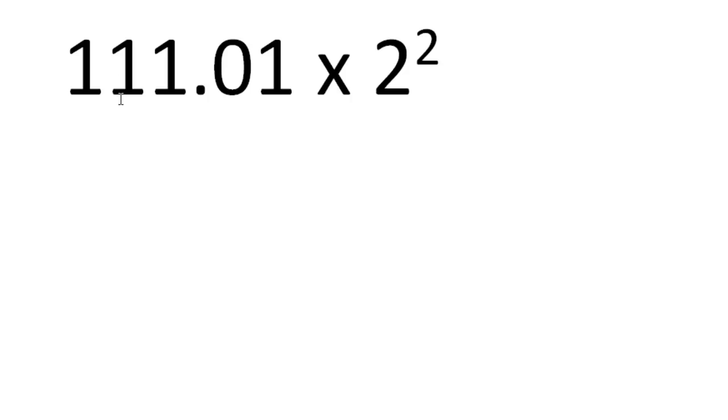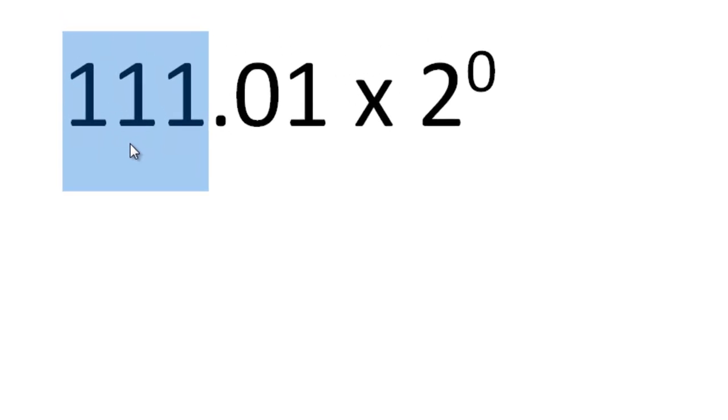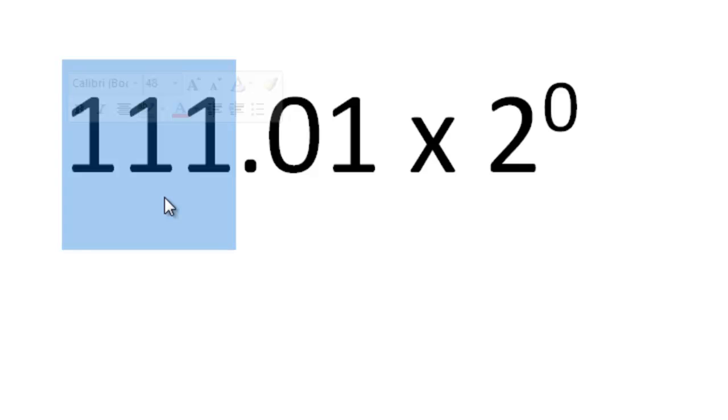But of course, if we've moved the Bicimal point 2 to the right, we have to change this, say -2, and what we actually get is 0, and 2 to the 0 is 1, so that is in fact 7.25. We could play around with this for a long time, but what we're trying to see is that the mantissa is this part here, but it's normalized so it's always 1.